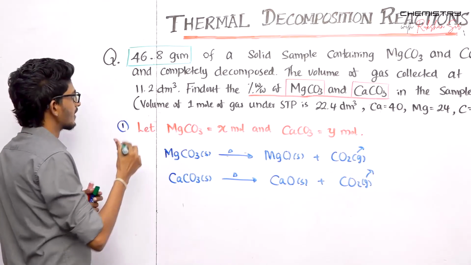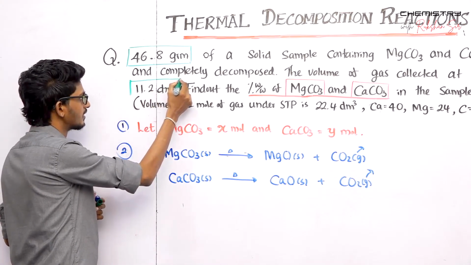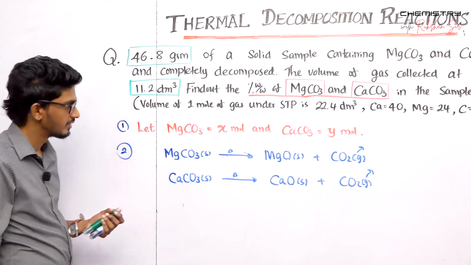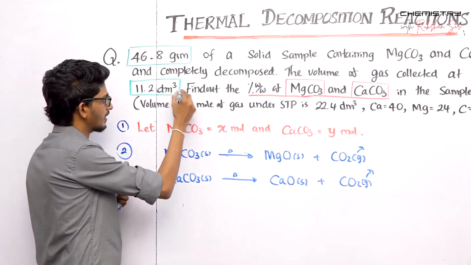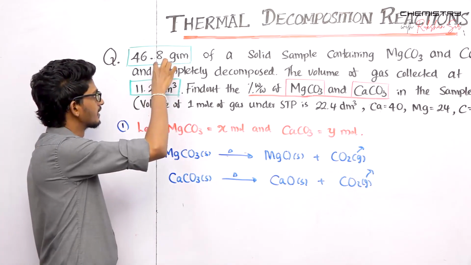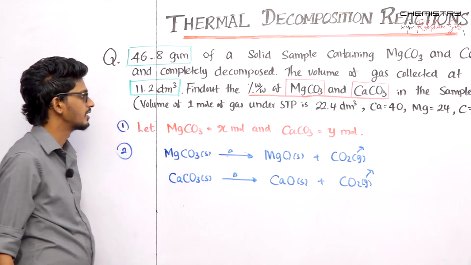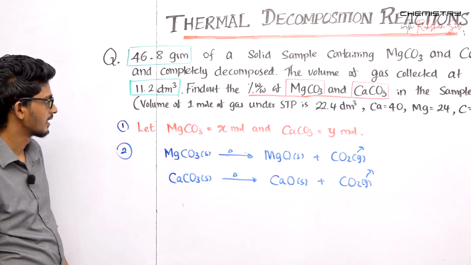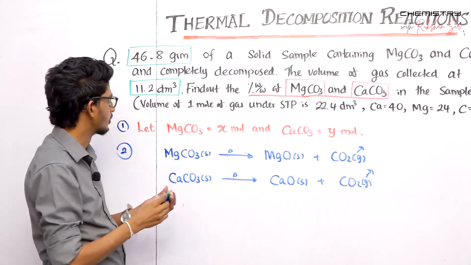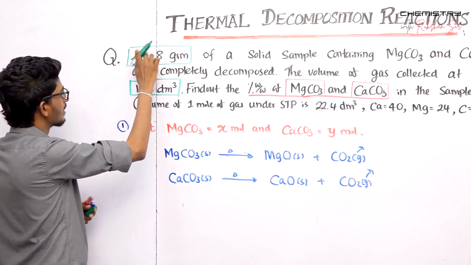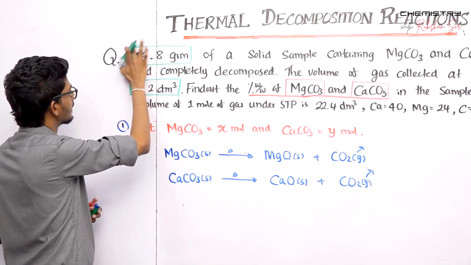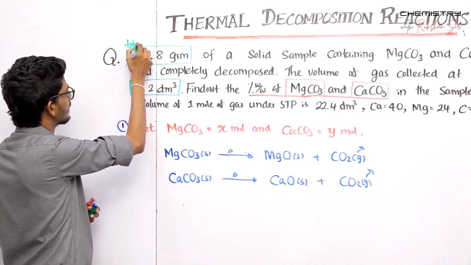And the second data point of this question is this volume. Those are the two data points appearing in this question. That is very important. With these two data points, we are supposed to come up with two simultaneous equations in terms of x and y. So actually, this is the total mass of the sample.